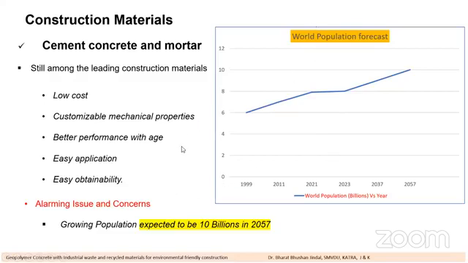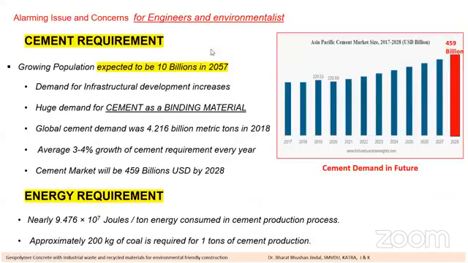So world population forecast. Now, why are we talking about the growing population? Why is this an alarming issue and concern for engineers and environmentalists? First of all, with the growing population we need infrastructure, so the demand for infrastructure increases. And when we talk about infrastructure development, a very important aspect is that the cement requirement is also growing.